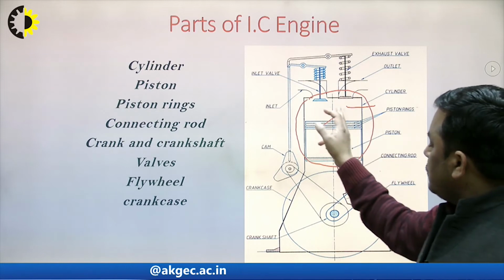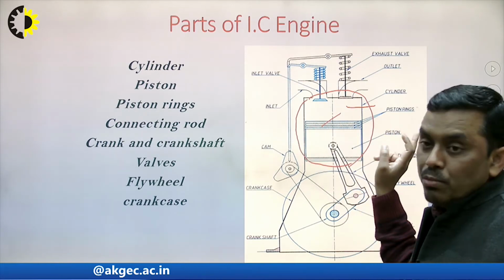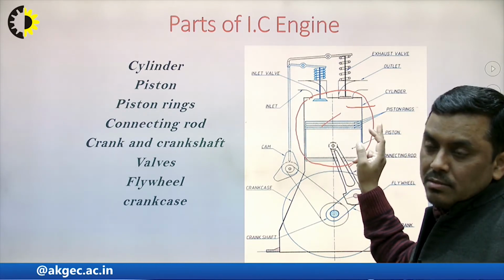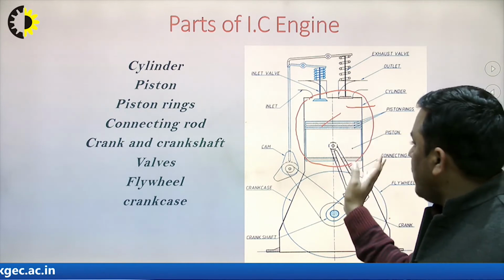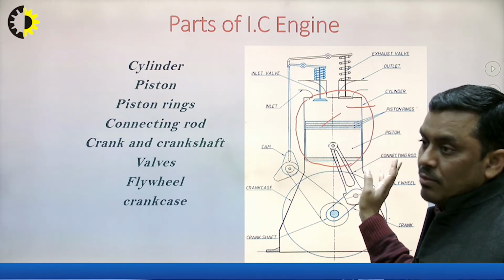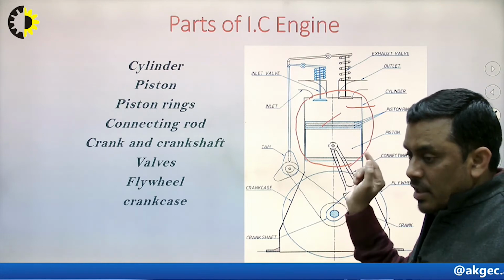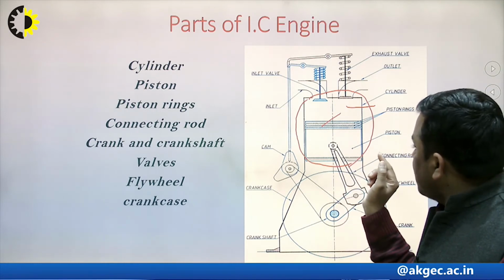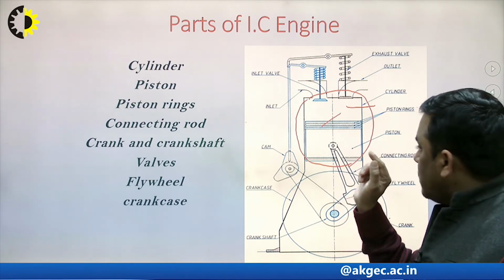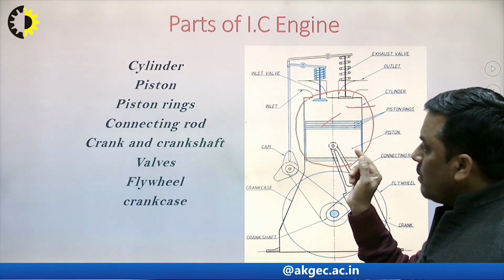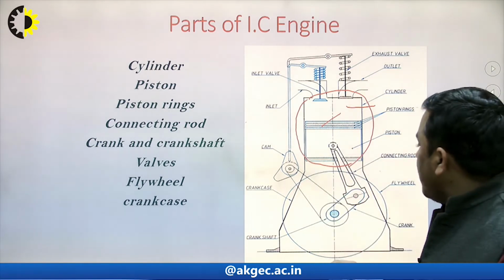Piston rings: piston and cylinder can't be of the same size. It is not possible for the piston to reciprocate in a cylinder of the same size. So there is some allowance between the piston and cylinder, but that allowance is filled with the help of piston rings.